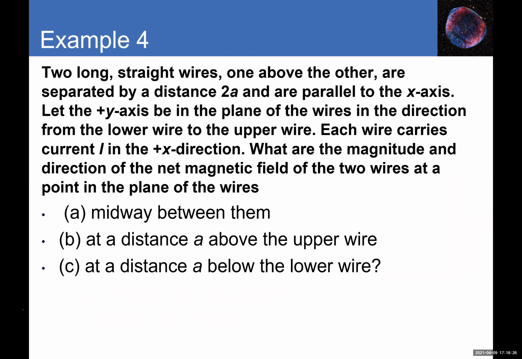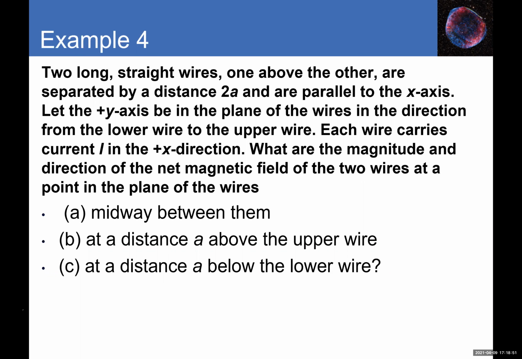Okay, so let's look at this example. Two long straight wires, one above the other, are separated by a distance 2a and are parallel to the x-axis. Let the plus y-axis be in the plane of the wires in the direction from the lower wire to the upper wire. Each wire carries current I in the positive x direction.